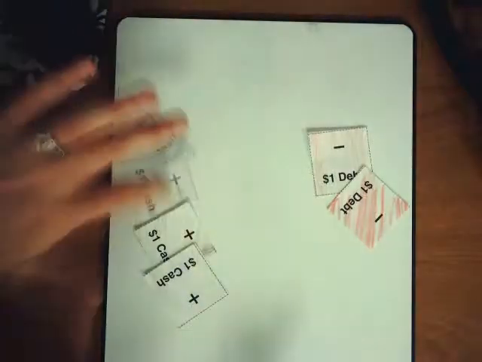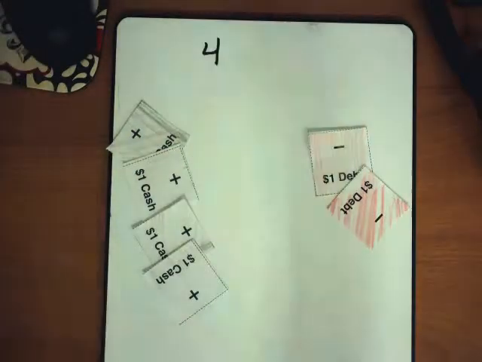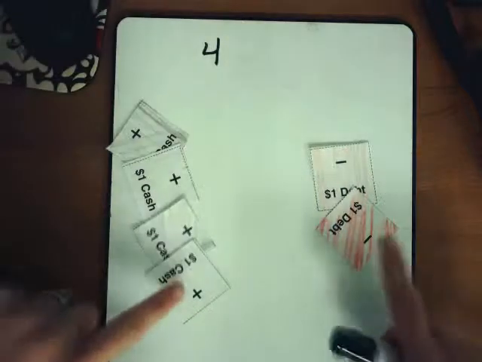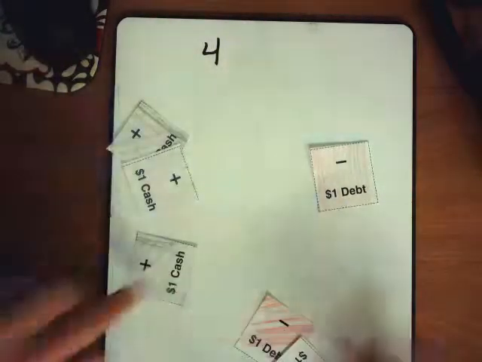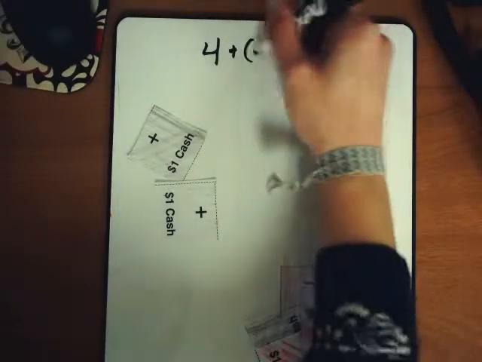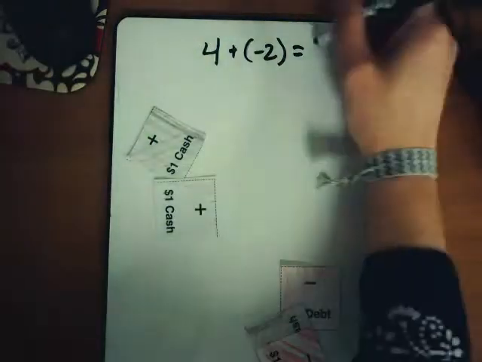I've got 1, 2, 3, 4, right? And negative 2 right here. Remember, forward and back, step forward, step back, step forward, step back. It's really 4 plus negative 2 right there. We've got a positive 2, right?